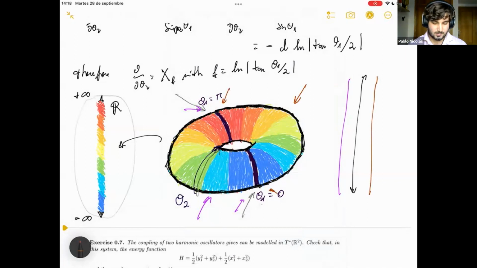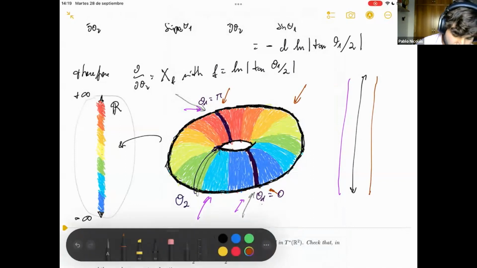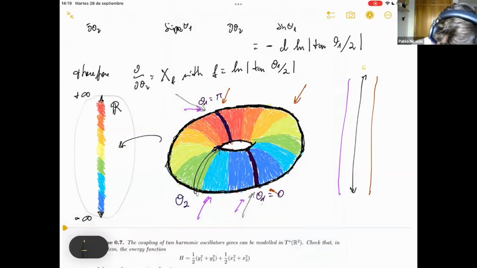So if we take the process that Pau said, which is to glue pieces at the critical set, we have to take a point here that glues both images, and a point here which glues both images, here and here and here and here.